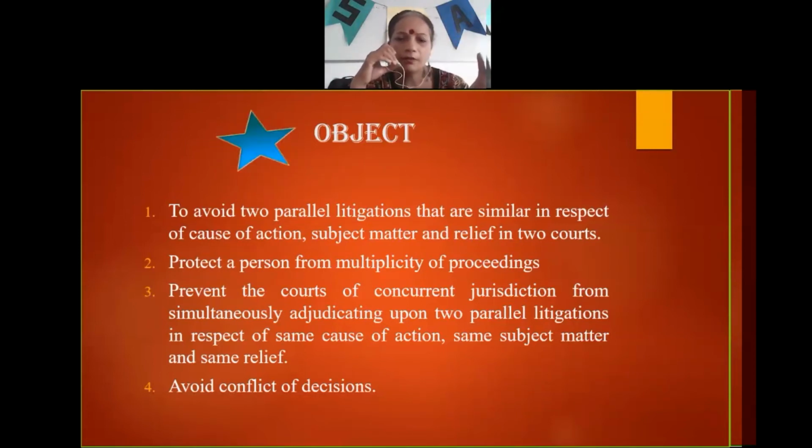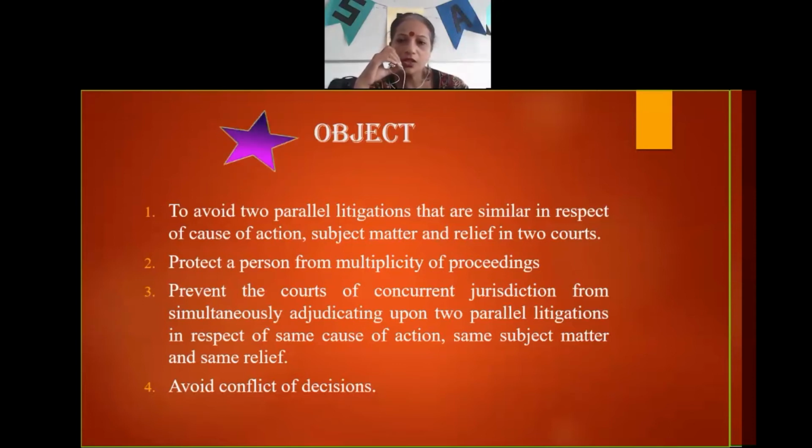As we have already discussed, both the courts are competent, both courts have before them matters of the same nature, the parties are asking the same relief, the parties are actually the same, and the subject matter also arises out of the same cause of action. Then because one court is not bound by the opinion of the other court, there may be scope wherein two parallel litigations may result in two different contradictory decrees.